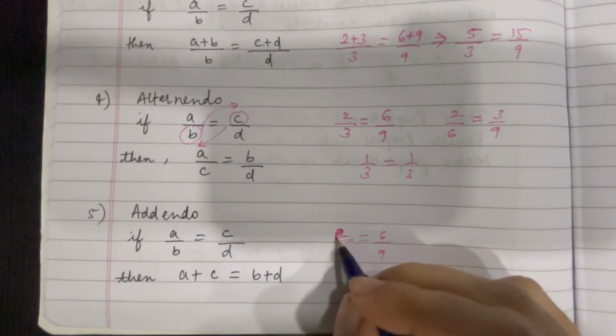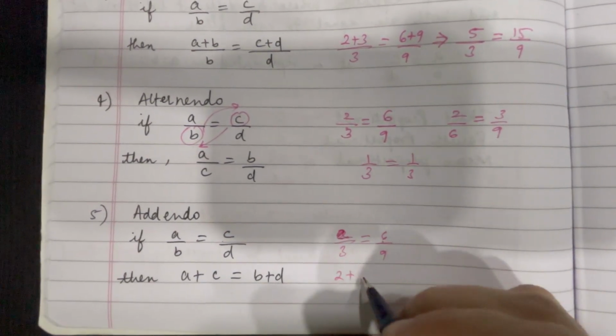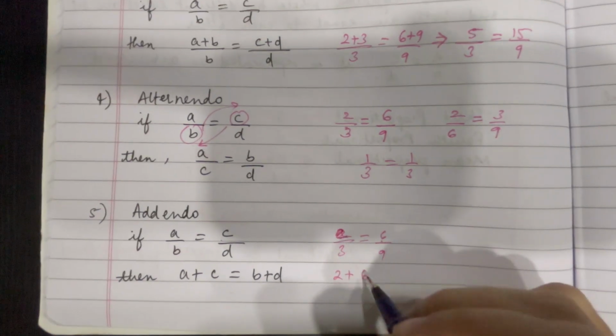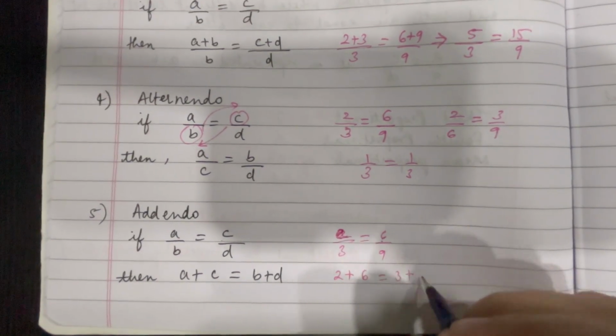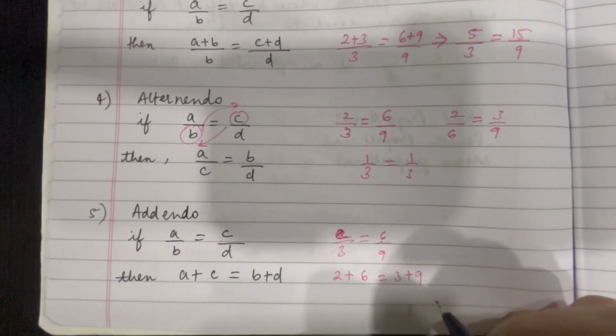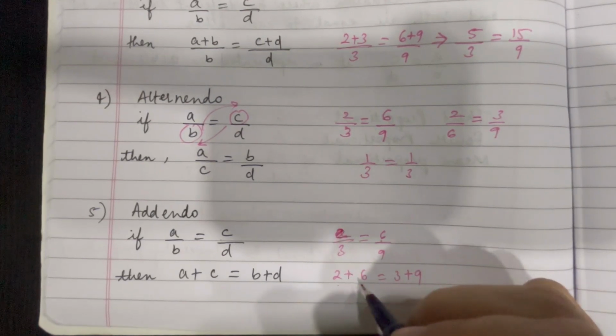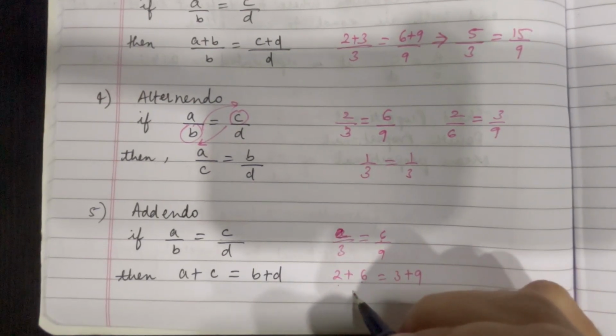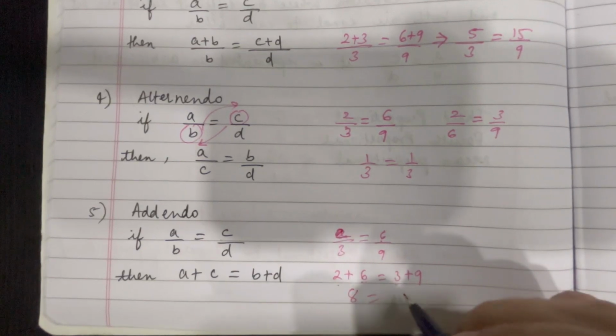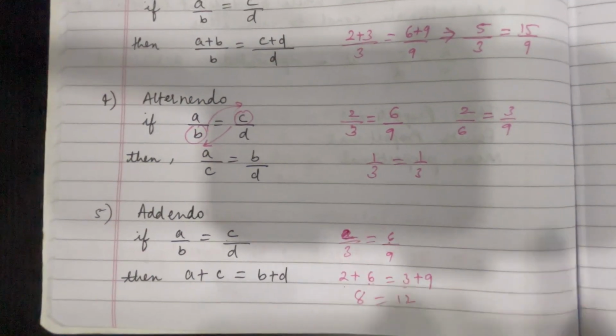What is A plus C? 2 plus 6 over 3 plus 9. I hope this much is clear. So what will 2 plus 6 be? 8, and 3 plus 9 would be 12. Sorry, I forgot to mention one thing here, that is A by B equals C by D equals A plus C by B plus D.